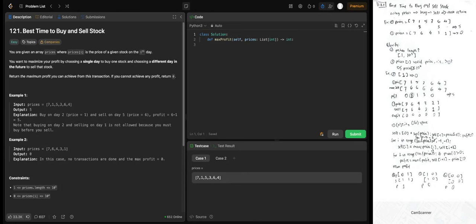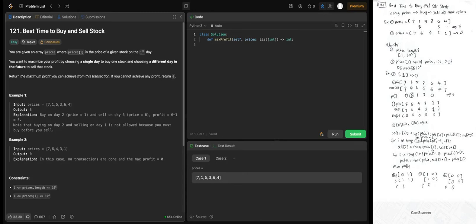Well, one very small optimization is we don't need to fill in the first element of sell, but that will be very minor.